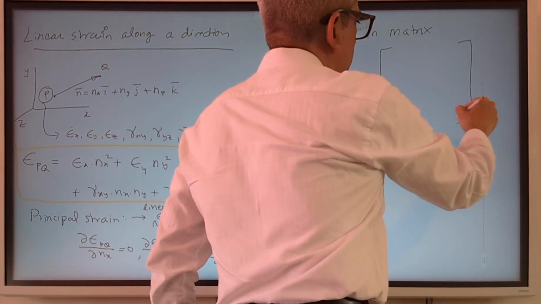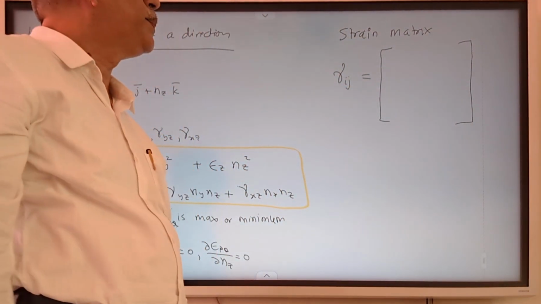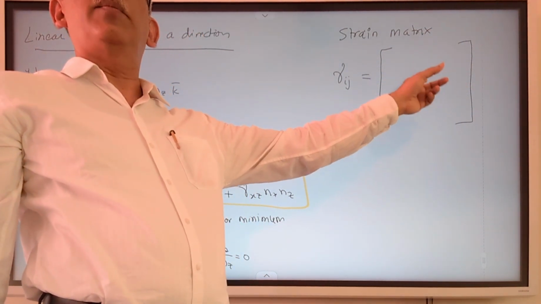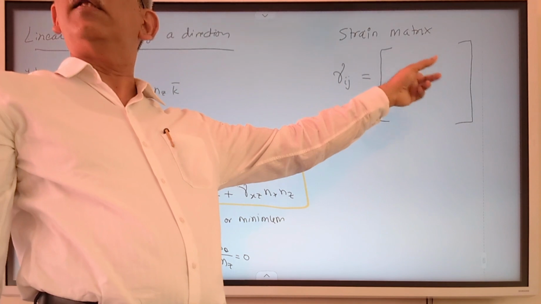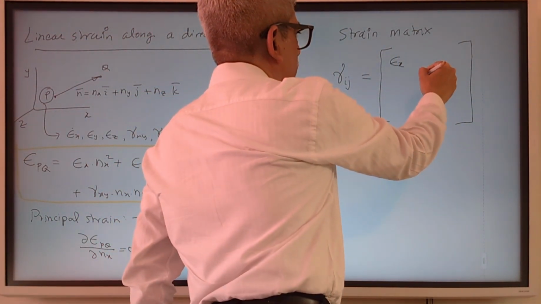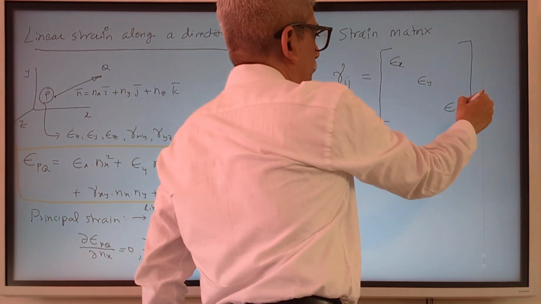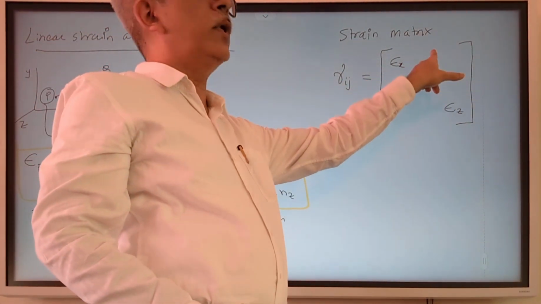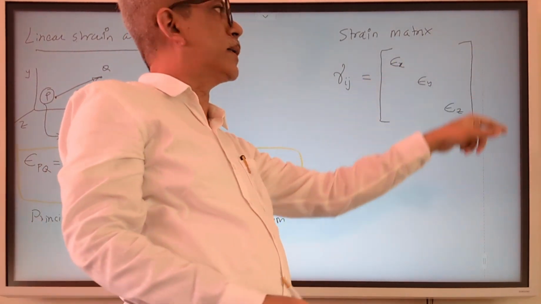Just like the stress matrix, it is 3 by 3. The diagonal terms are all the linear terms. Similar to where the normal stresses lie, in this case the linear strains will lie. So we have epsilon x, epsilon y, and epsilon z along the diagonal, and the shear terms would take the remaining pockets.